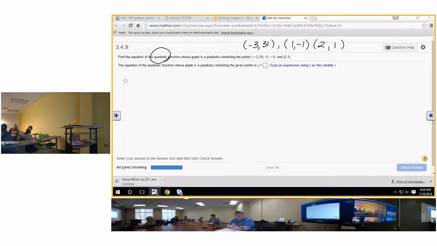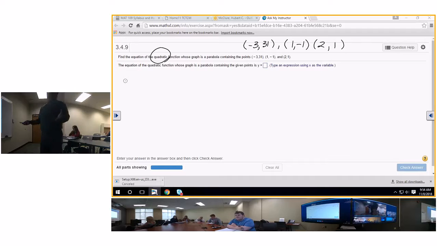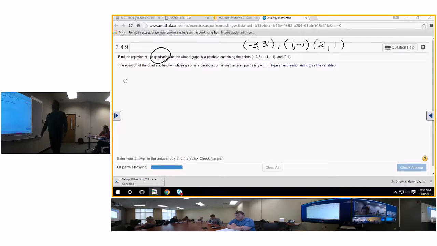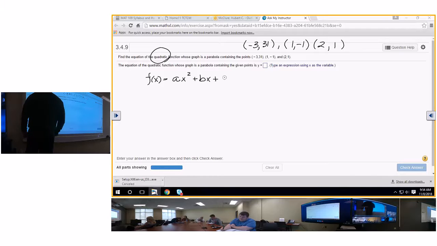And that's where we get into a whole nother branch that's pretty much going to take up the whole class, because I got to review that for you. So, f of x is equal to ax squared plus bx plus c.